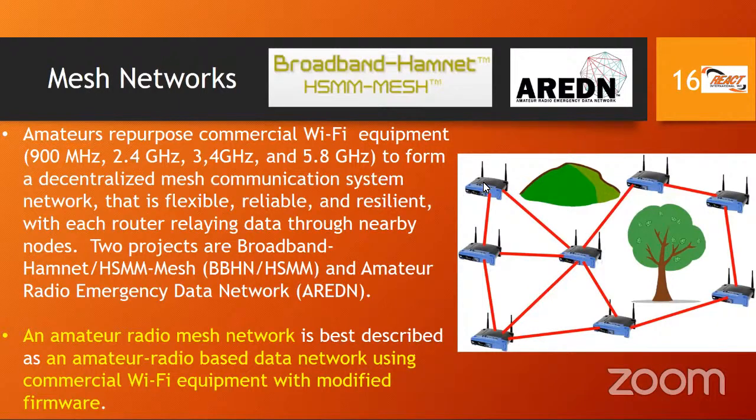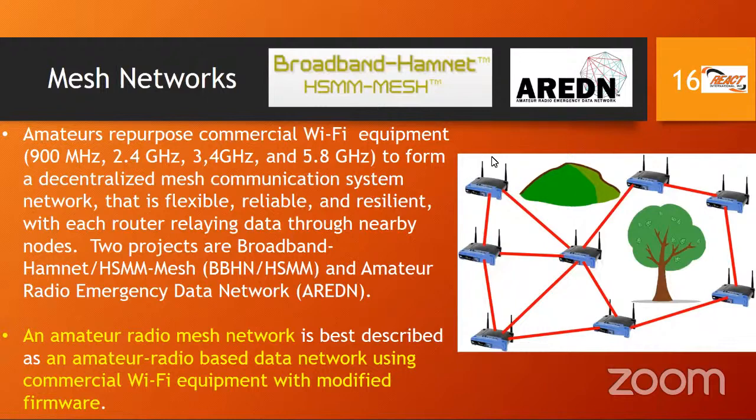Once you replace the firmware with one of the popular ones, so you have Broadband Hamnet or HSMM Mesh, which has kind of been replaced now with the one that's called AREDN, Amateur Radio Emergency Data Network. Those are the custom firmware that's available from these organizations, and you can upload or flash the firmware on these routers to make them capable of becoming amateur radio mesh networks.